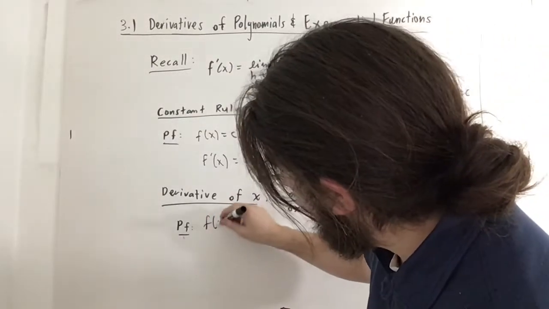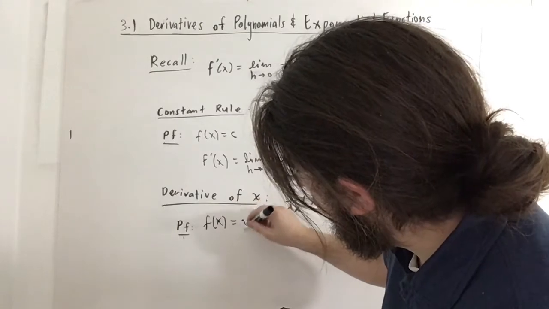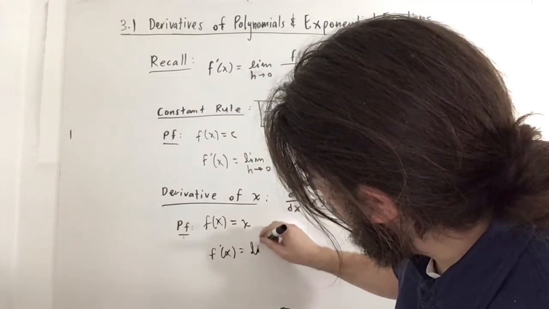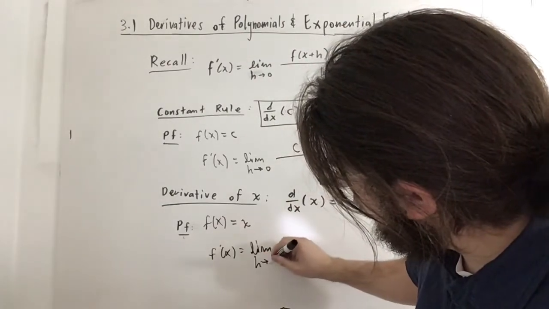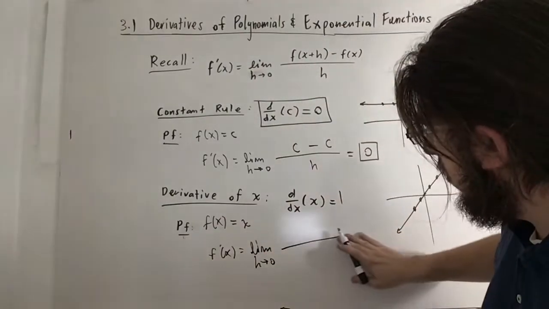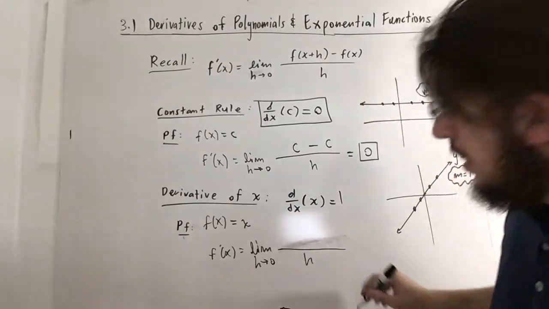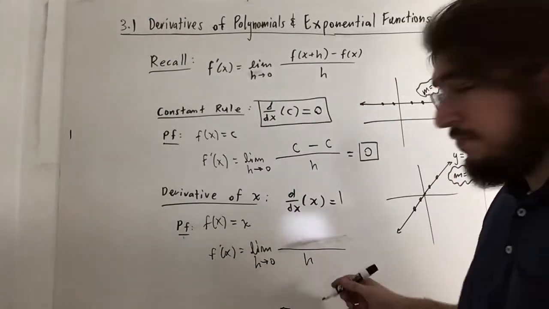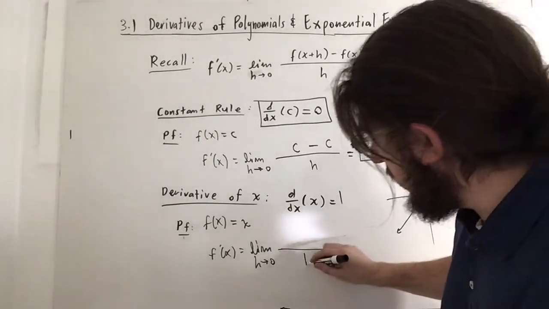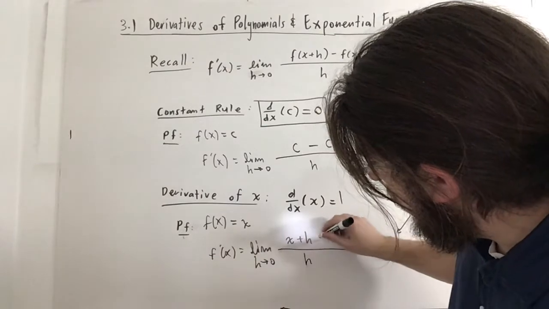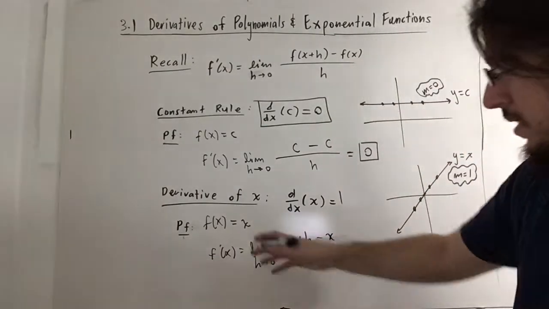So if f of x is x, then f prime of x is the limit as h goes to 0 of all over h, f of x plus h. F of x plus h is just, well, x plus h in this case, minus x, which is f of x itself.